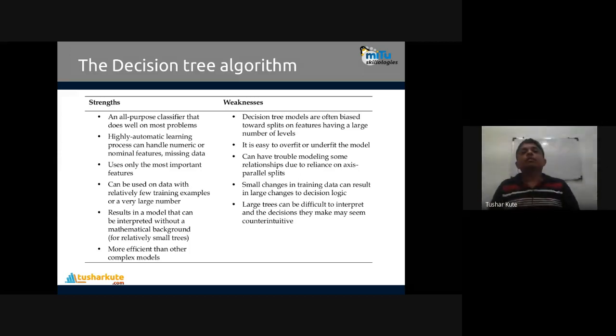When the features have a high magnitude, they will dominate the output. That is not required here, because decision tree uses only one feature at a time for a split. Only one feature for a split.